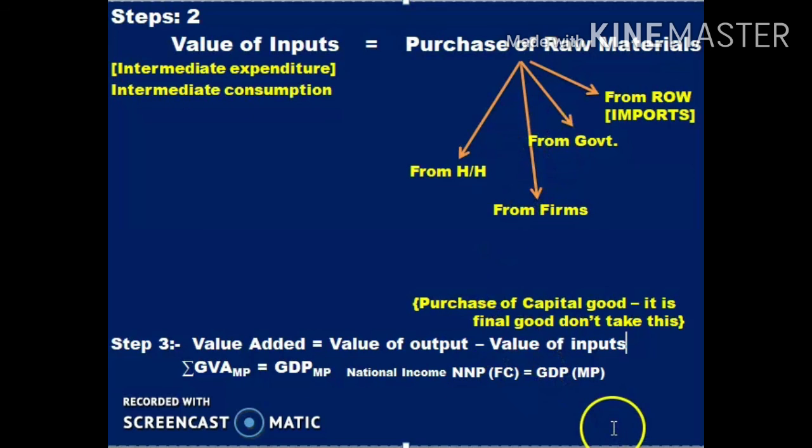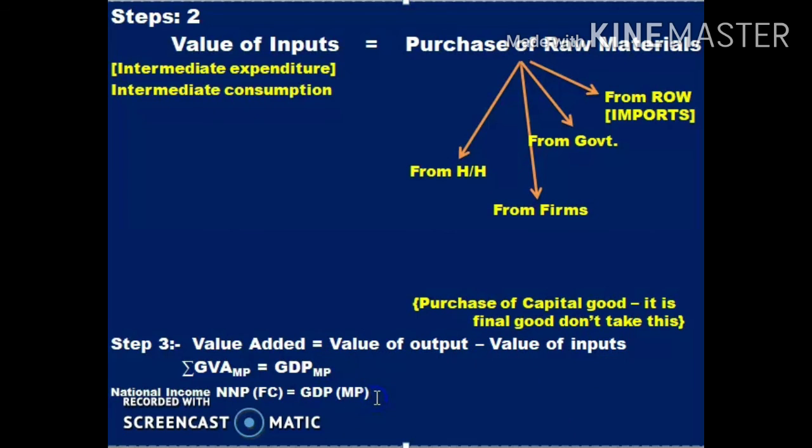Then you have to first find the GDP MP using this formula. Okay, then after that you have to find the national income. How will you find the national income? It's equal to GDP MP, as you have found the answer for this. Then you have to change it to national income, that is NNPFC.